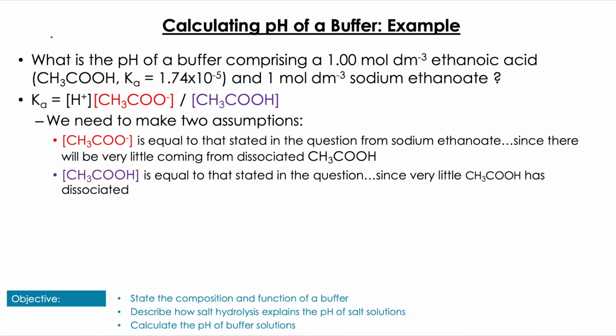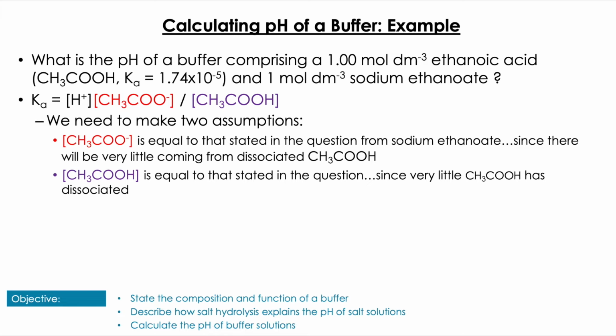So the main thing we're going to do here is, after we write out our Ka, we're going to make two assumptions which are slightly different from the calculations we've made before. The first assumption is that the ethanoate ion concentration is equal to the concentration stated in the question for sodium ethanoate.